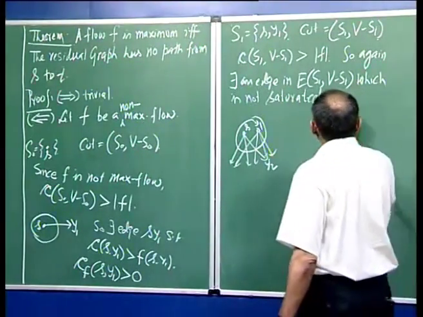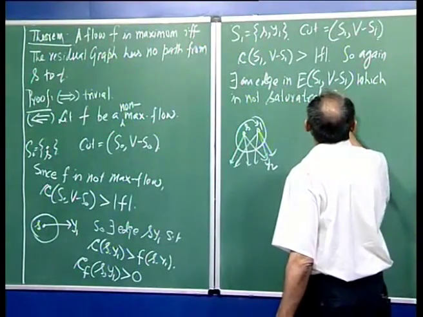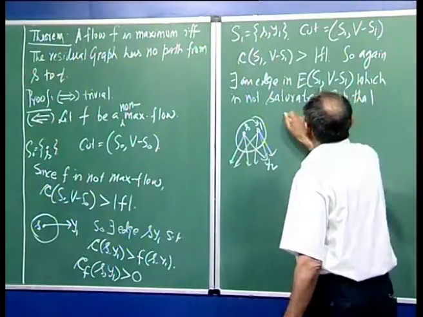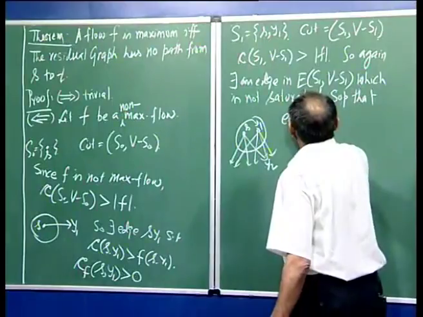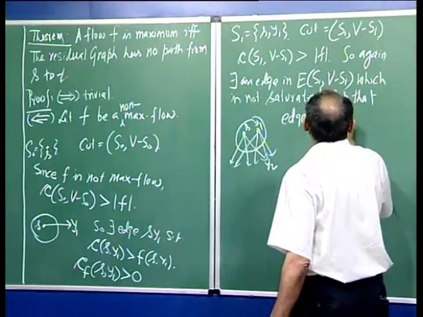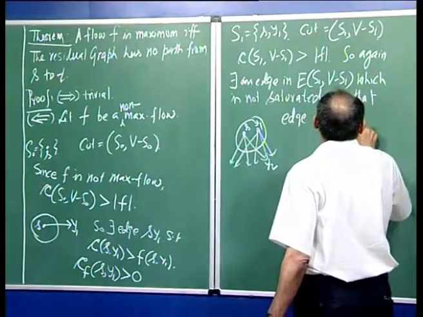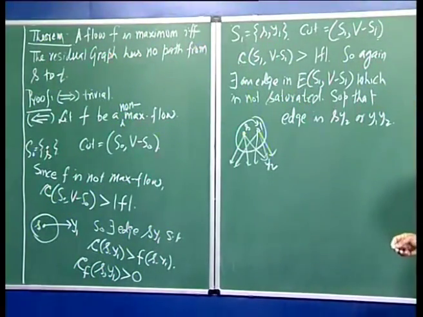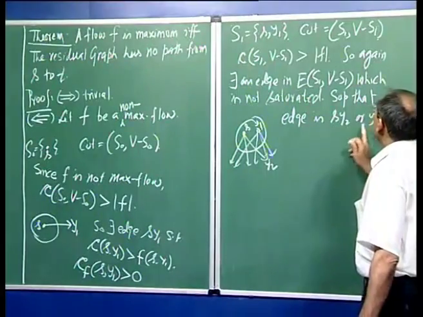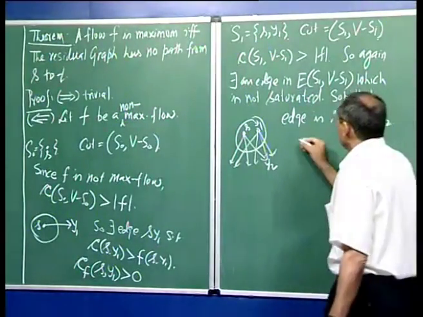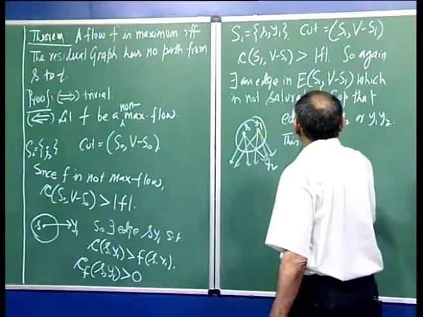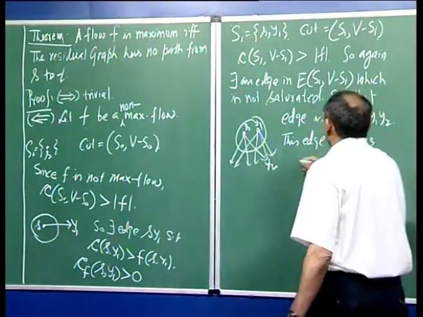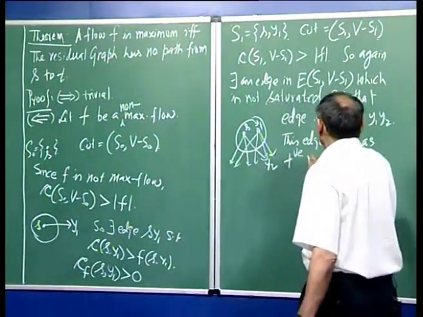Suppose that edge is SY2 or Y1Y2. Then this edge also has positive residual capacity.